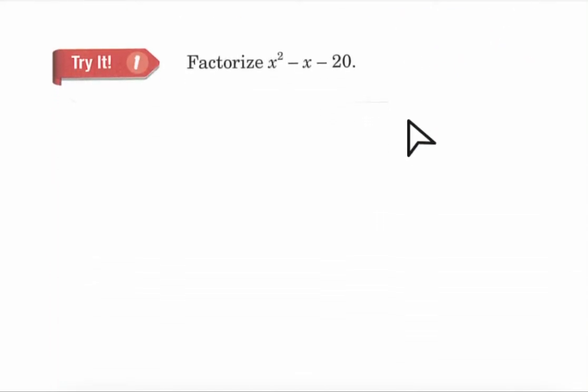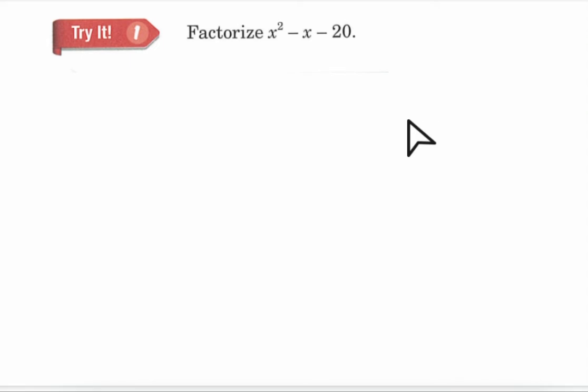Let's do one more example. If you didn't try the last one, see if you can pause the video and try this one on your own now. Factorize x squared minus x minus 20. So here, remember, we want to get to the product of negative 20, but also the sum of negative 1.